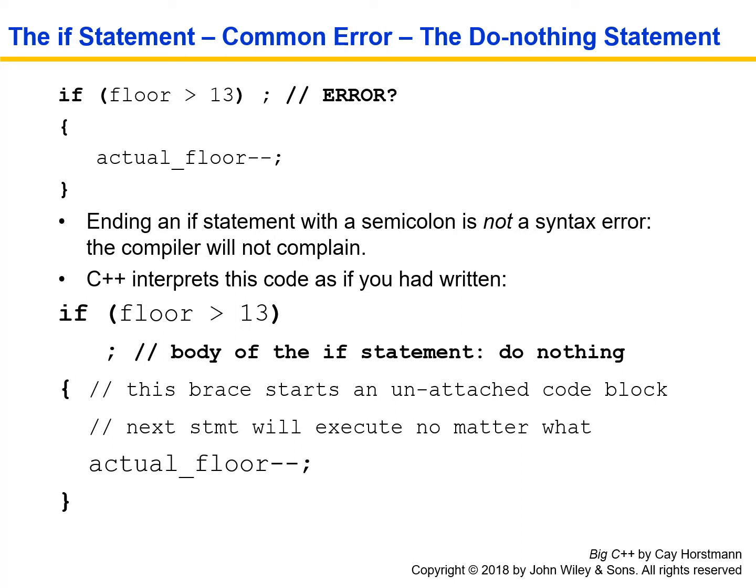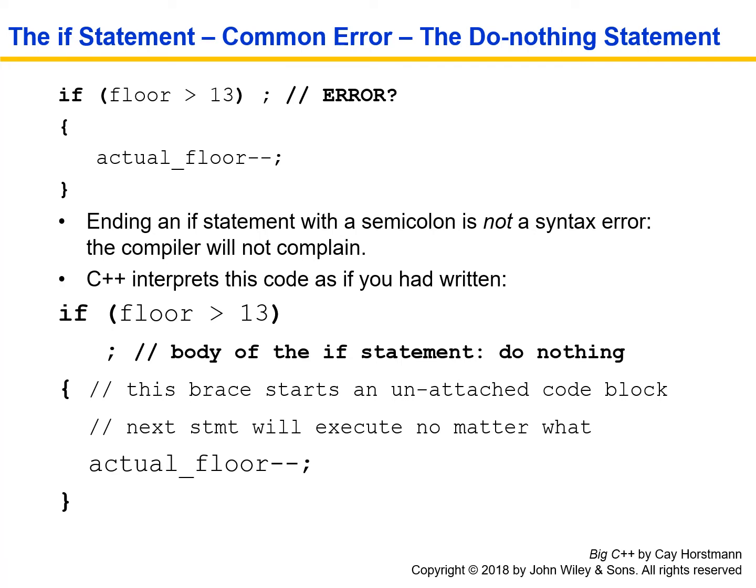C++ interprets a semicolon at the end of an if statement as if you had written if floor greater than 13, semicolon. That's what we call a do nothing statement. It means if floor is greater than 13, do nothing.